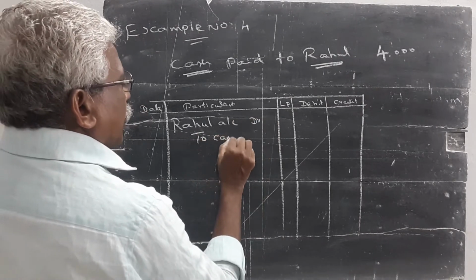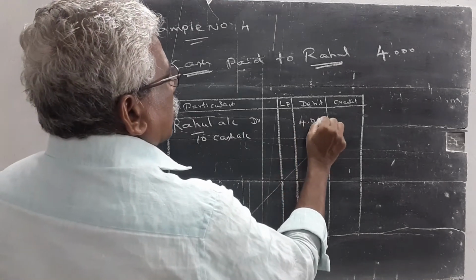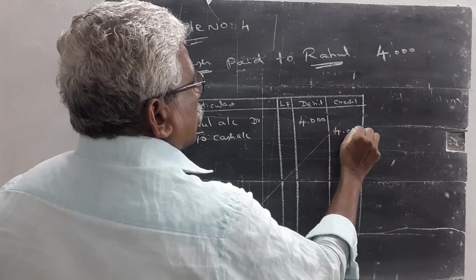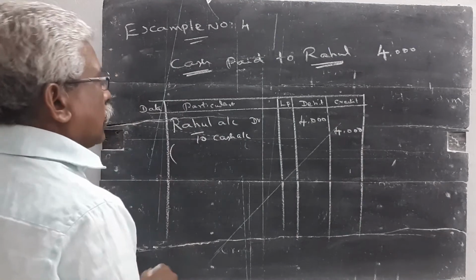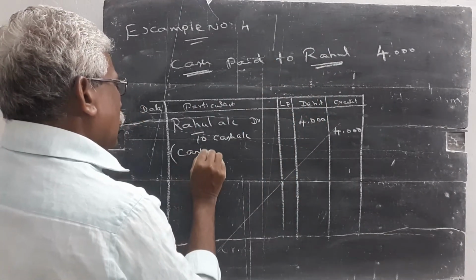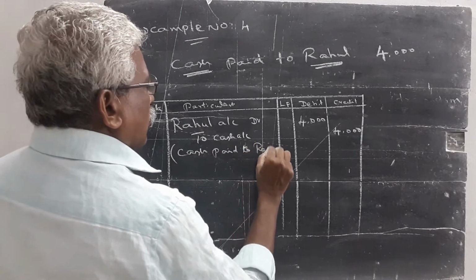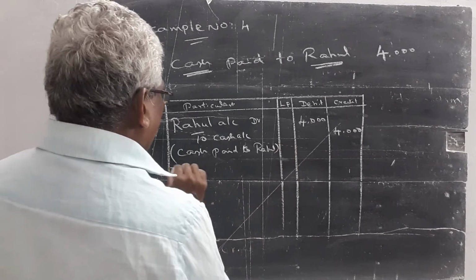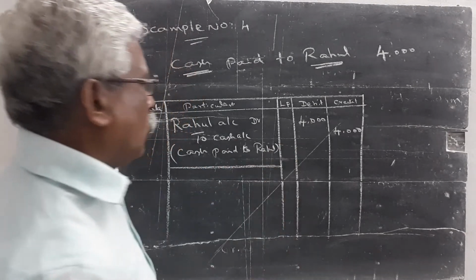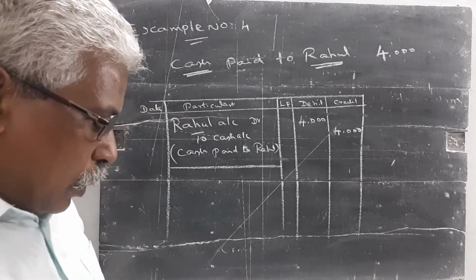To cash account, cash goes out. Here you write the amount 4,000. Here you write the narration. You simply write the question: cash paid to Rahul. You draw a line only in the particulars column alone. Okay, then illustration number 4 is also completed.